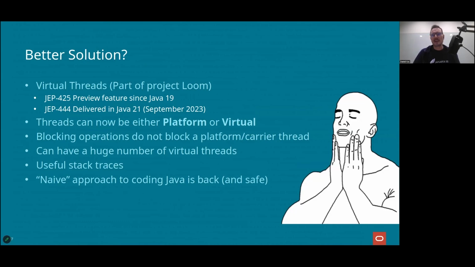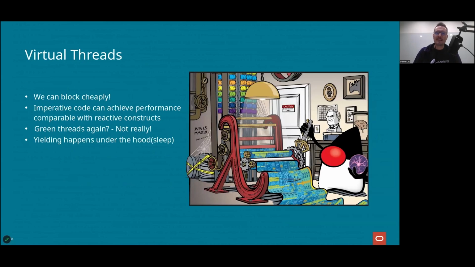The stack traces make sense again, and naive imperative programming, which you know so well from the Jakarta API, is safe and performant again. It's on par with reactive programming, if the reactive programming is done right. It usually isn't, so you are usually faster with virtual threads anyway. The virtual threads have the same effect of avoiding the context switches that reactive programming has, but it doesn't pollute your code anymore. It happens behind the scenes.